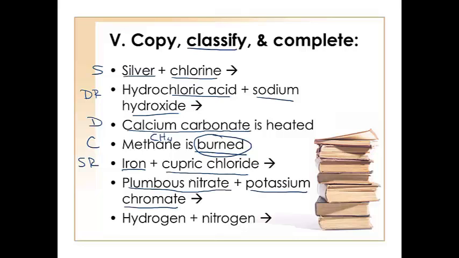This is going to be double replacement. And the last one, hydrogen plus nitrogen: element, element. That makes it synthesis. So write the formulas for these reactants, figure out what the products are, and we'll go over them in class.